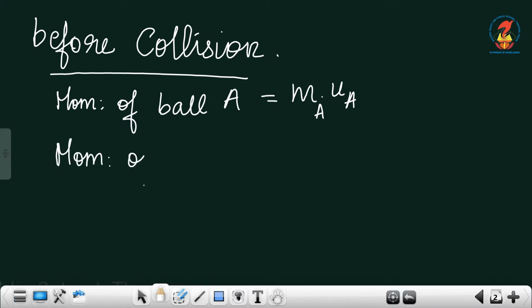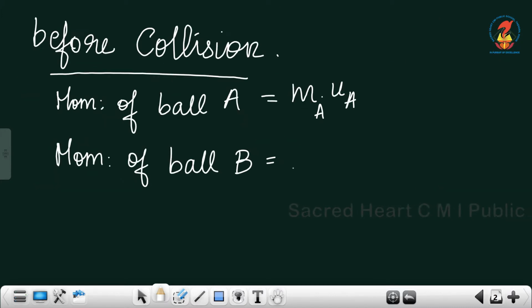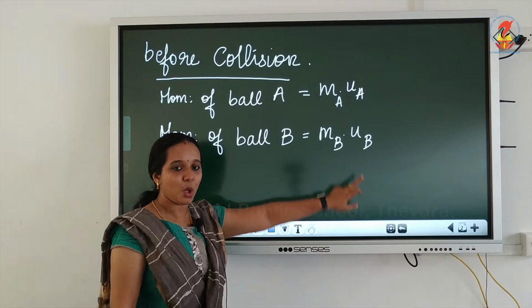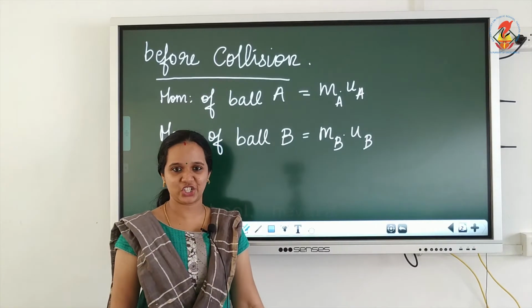Similarly, the momentum of ball B before collision. Again, the mass of ball B is mb and before collision it was moving with a velocity ub. So, the formula is mass into velocity, that is mb into ub. These are the momenta of both the balls before collision.